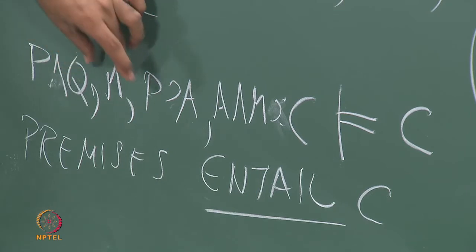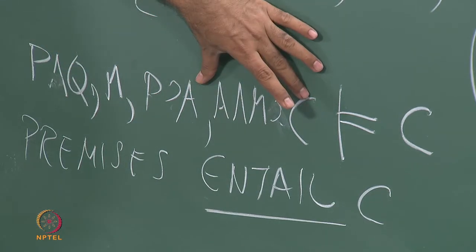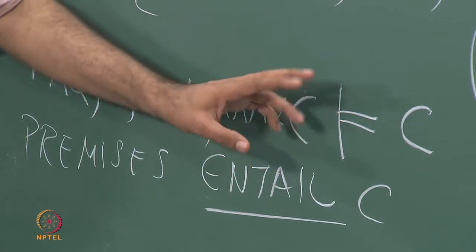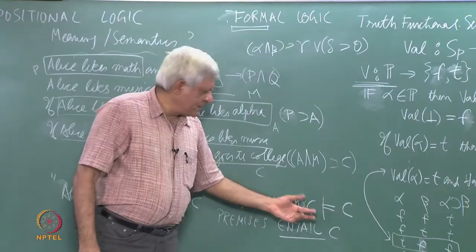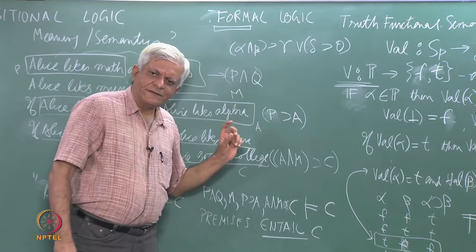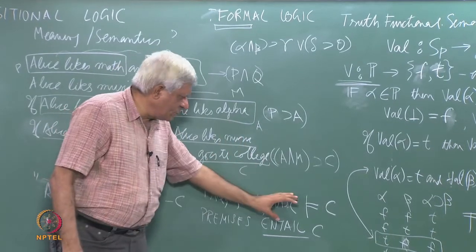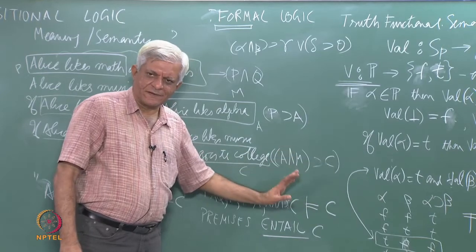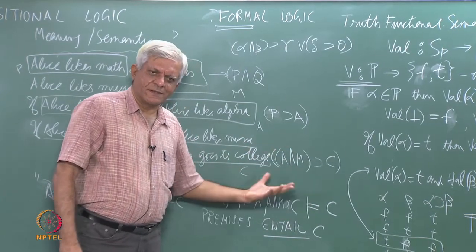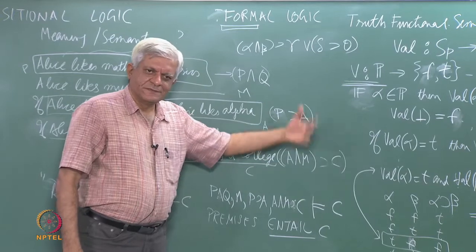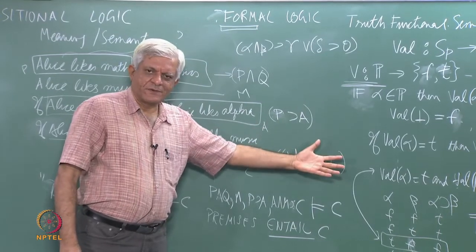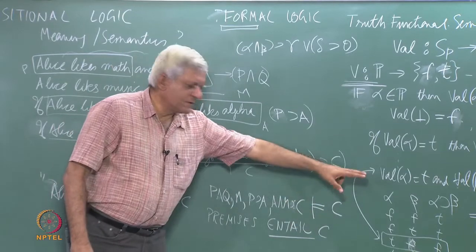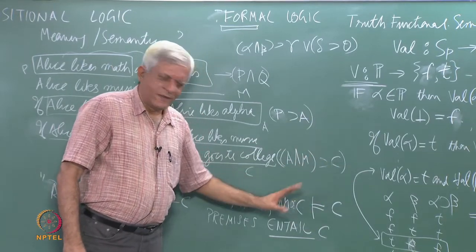This is the first premise, second premise, third premise, fourth premise, and this similar symbol, but with 2 lines, is for entailment. Entailment says that if these are true, then that is necessarily true, that you cannot escape the fact that that is true. That is the notion of entailment. That is a set of true sentences that we talked about, and entailment asks the question, does C belong to those set of true sentences or not?